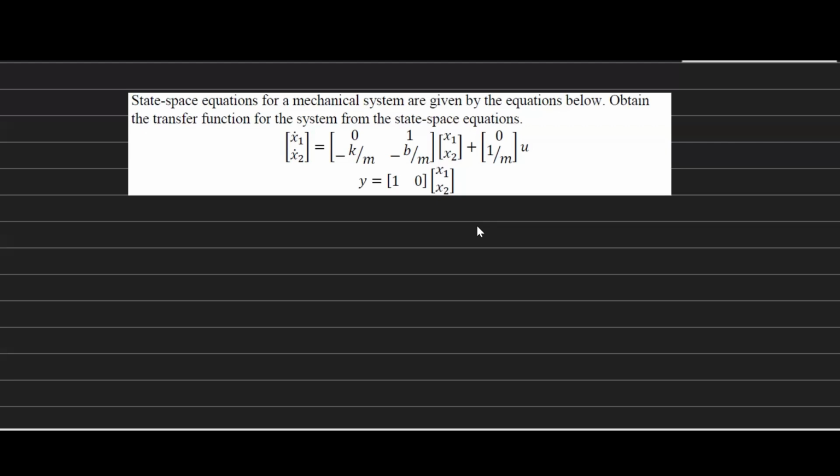Then we have the output equation, which is matrix C times x1, x2, the state variables.